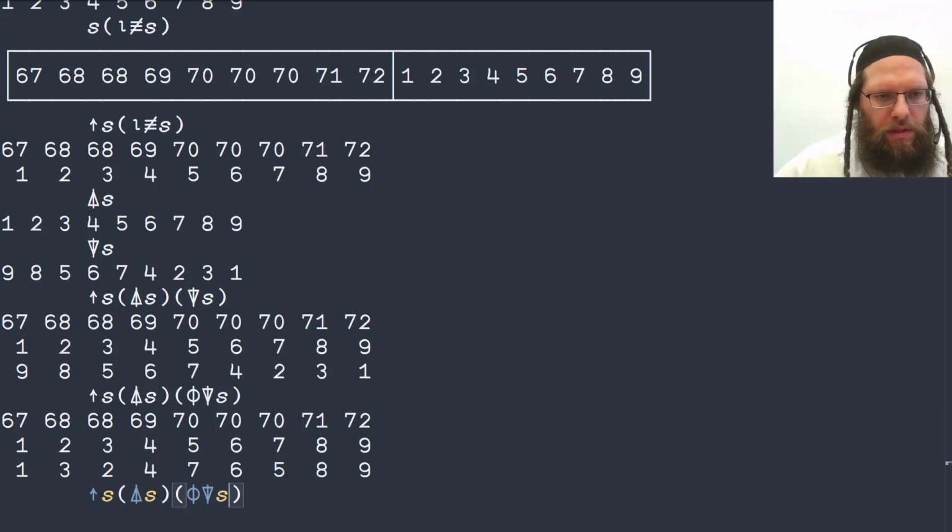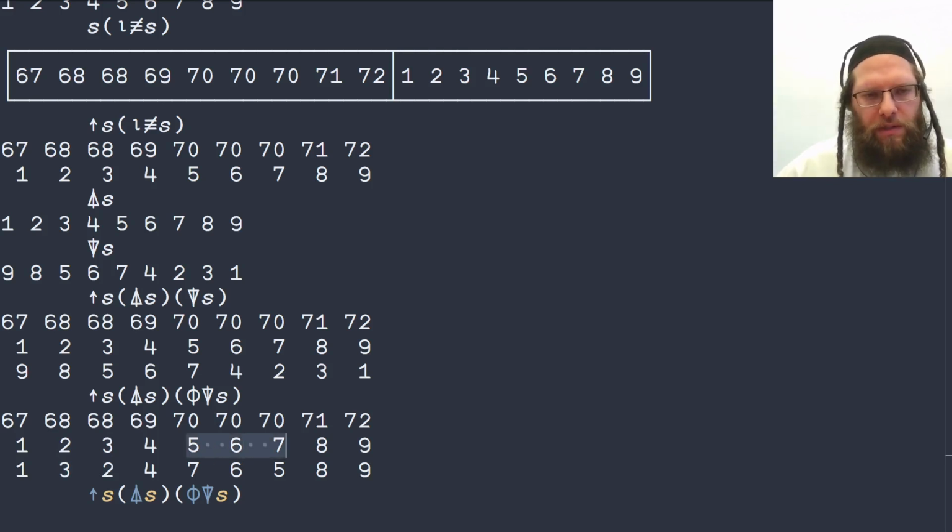And now we can see how everything lines up except where the numbers are the same. So here's 2 and 3, which is exactly what we need to average, 3 and 2. Over here by 70, again, we have 5, 6, and 7, and we got 7, 6, and 5. So if we take the average of these two, that gives us 6. These, of course, give 6 as well, and this gets 6 as well.